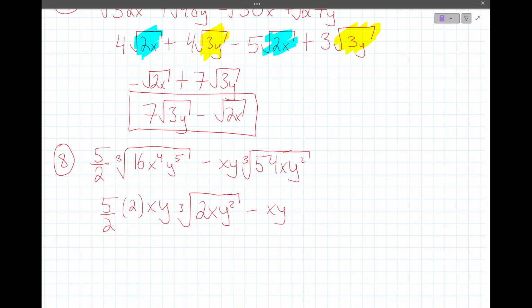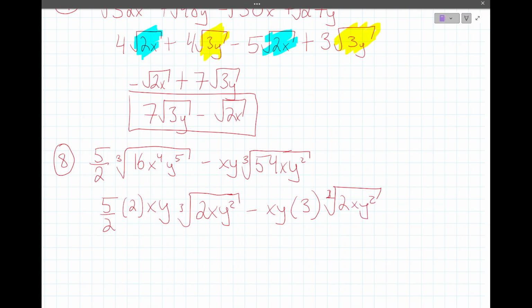Okay, there's an xy here. 9 and 6. Well, oh wait, no, this is a cube, so this is 27 and 2. So a 3 comes out, and a 2 stays behind. So I'm going to multiply by a 3. And no x and y's can come out since I need a group of 3 for each. Nothing can happen there. So this is going to be the cube root of 2xy squared.